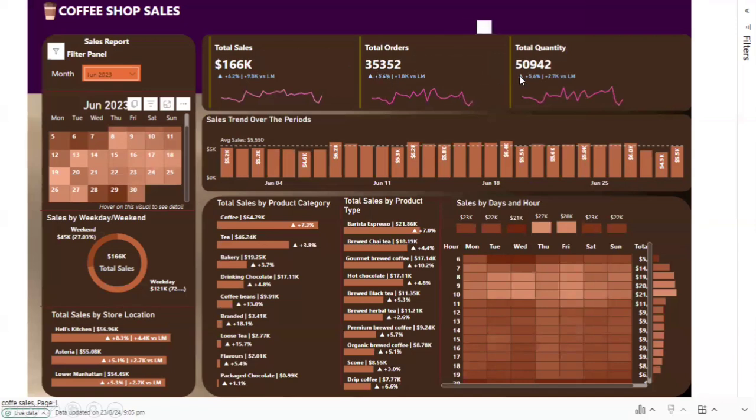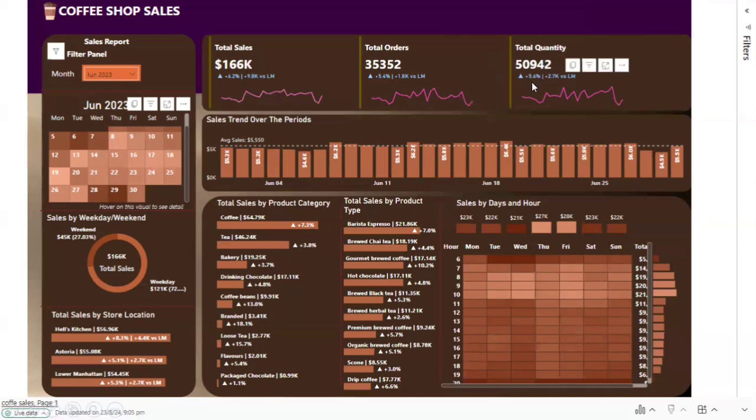We got a 5.6% increase in total quantity, and 2.7 thousand extra quantity compared to last month. In total, 50,942 quantity this month, which is good, but there is not much increase in sales.